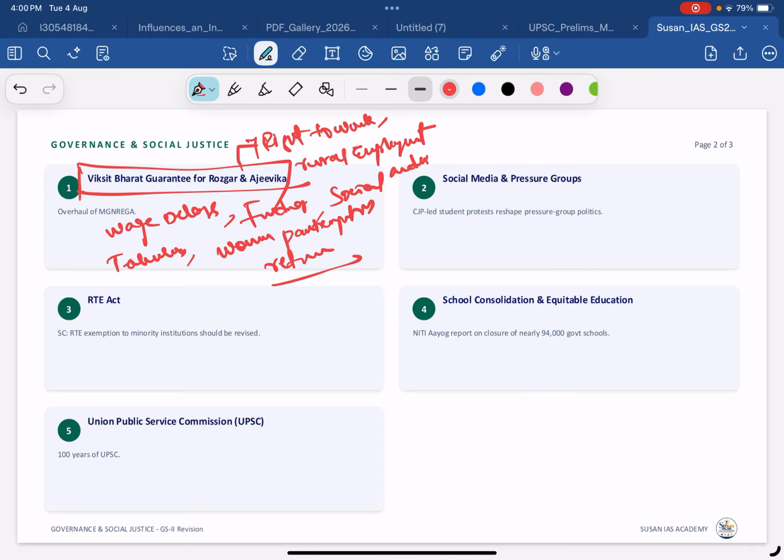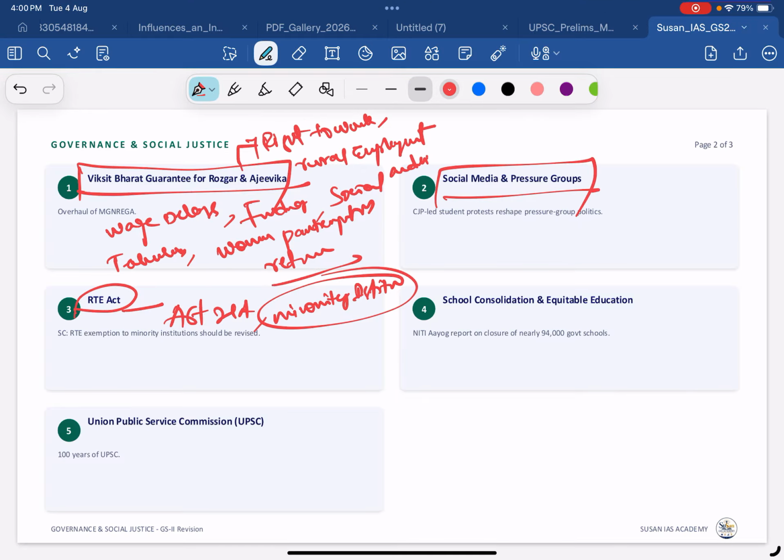Yes. And then the other most important thing is the RTE Act, Right to Education, Article 21A, that minority institutions question can be asked. There were many articles in newspapers over the last 1 year about minority institutions and quality of education, learning outcomes and reforms. And pressure groups, environmental pressure groups also.